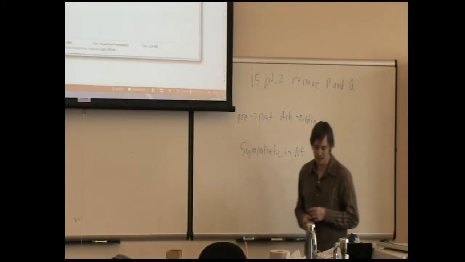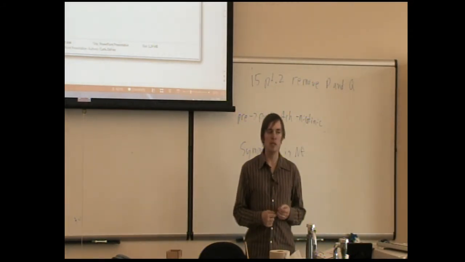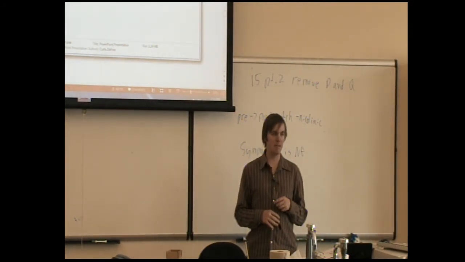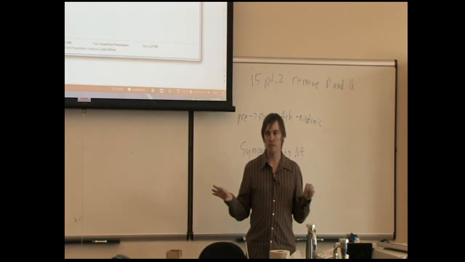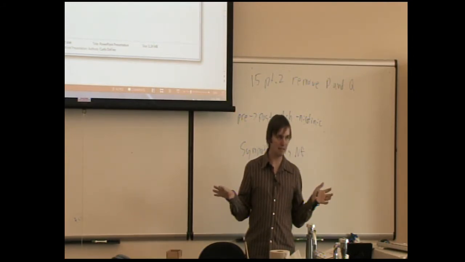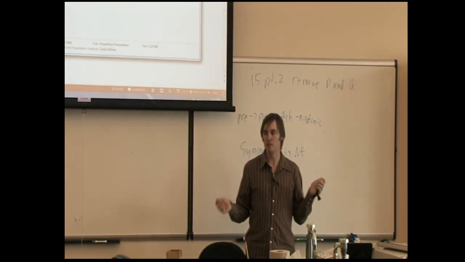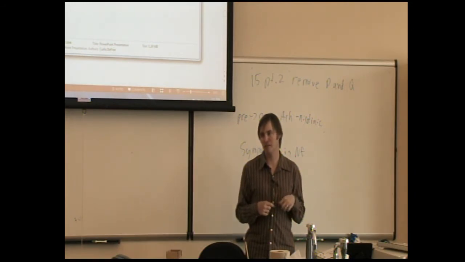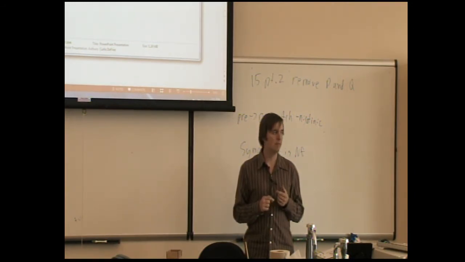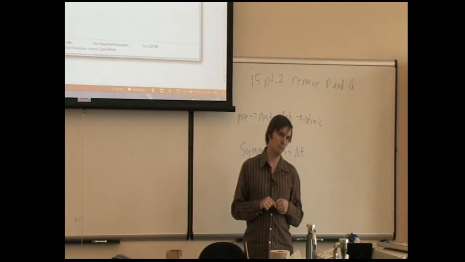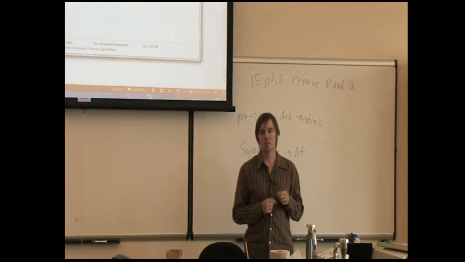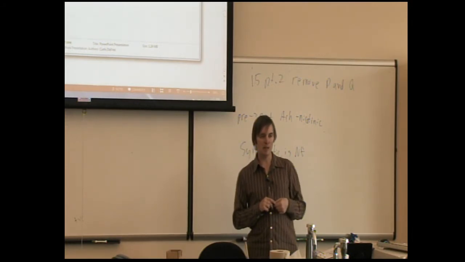The first order takes it from out in the body, the peripheral nervous system, to the central nervous system, the spinal cord. Second order goes from the spinal cord to the brain.